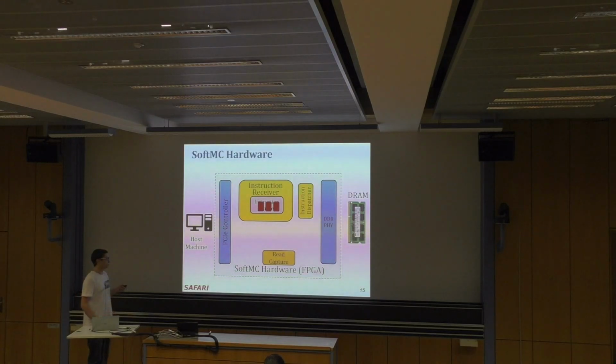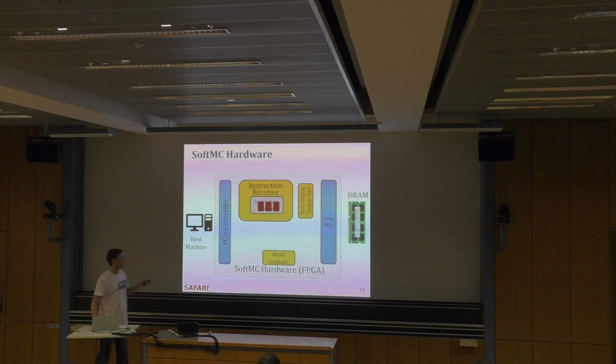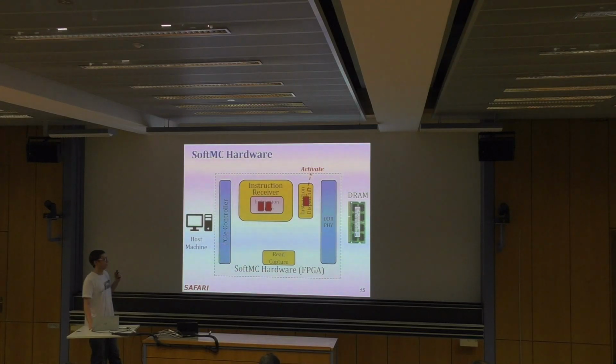We do that in order to eliminate any latency that comes from the PCIe controller or the PCIe interface. So we make sure that we have everything in the test routine downloaded to the FPGA. And after that, the dispatcher starts dispatching those instructions every cycle.